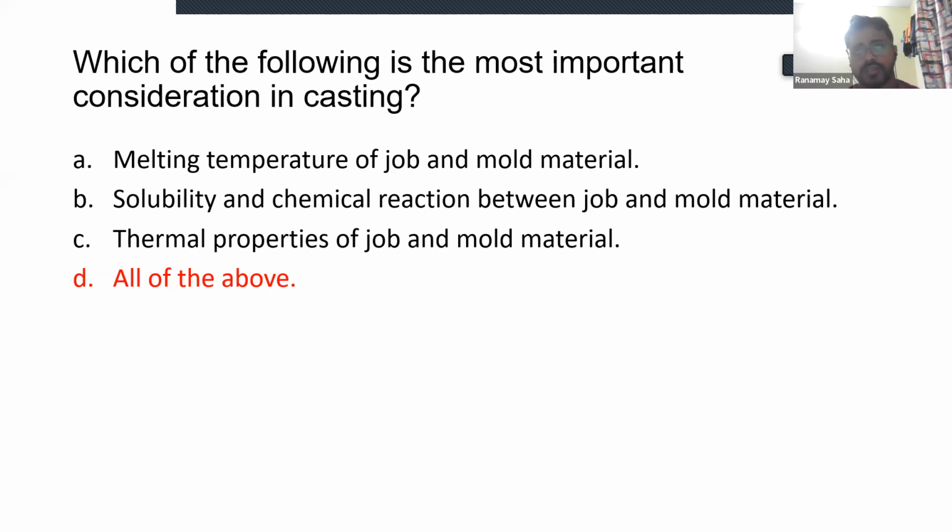This gives rise to defects called rat tails, then penetration defects, etc. Chemical reaction is also important. If there is a lot of hydrogen gas, hydrogen bubble generation, that can lead to hydrogen embrittlement. I hope you know the hydrogen embrittlement phenomenon. Then you have thermal properties of job and mold material, which of course relates to the option. So all of that is correct.